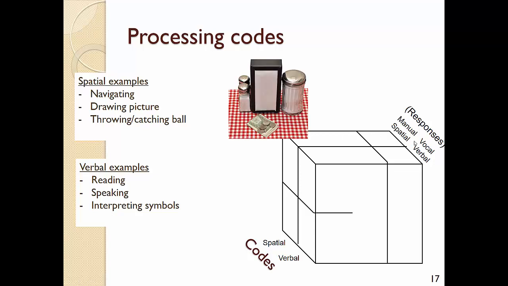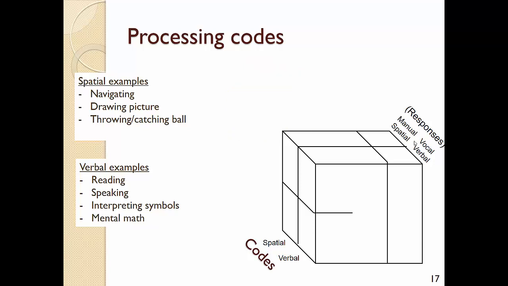This one's tougher. I want you to think about this for a minute. So let's say you just went out to lunch and you're trying to figure out how much change do I leave for a tip for my waiter. And that is what now, spatial or verbal? I say it's a little bit of both, but I would call it a verbal example if you're doing the mental math, because you're doing symbolic processing, multiplying and coming up with rules. I tip 20% or whatever.